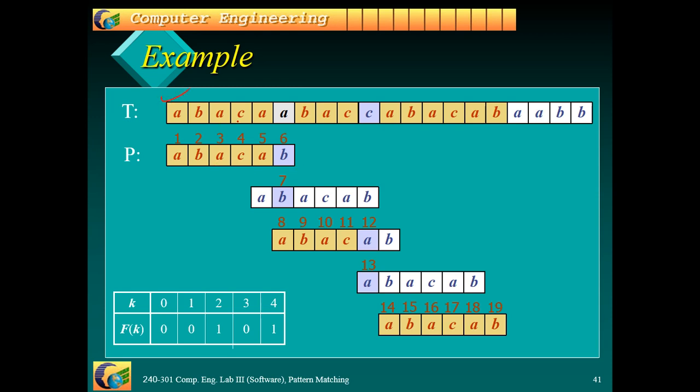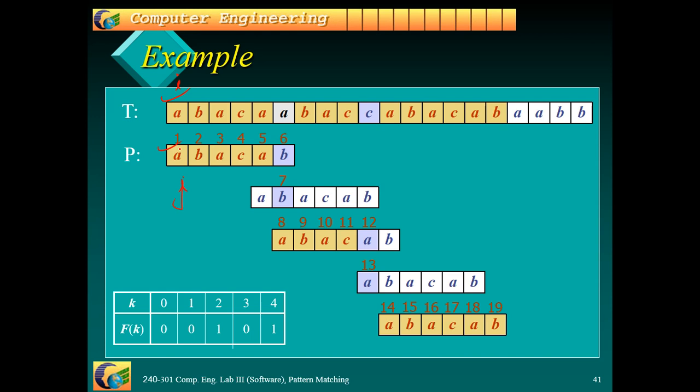So this is your text given, and this is your pattern given. When you are comparing the characters of the pattern with the text, very similar to brute force, you start with the first character of your pattern and the first character of your text. Let us say I is the position in the text, and J is the position in the pattern.